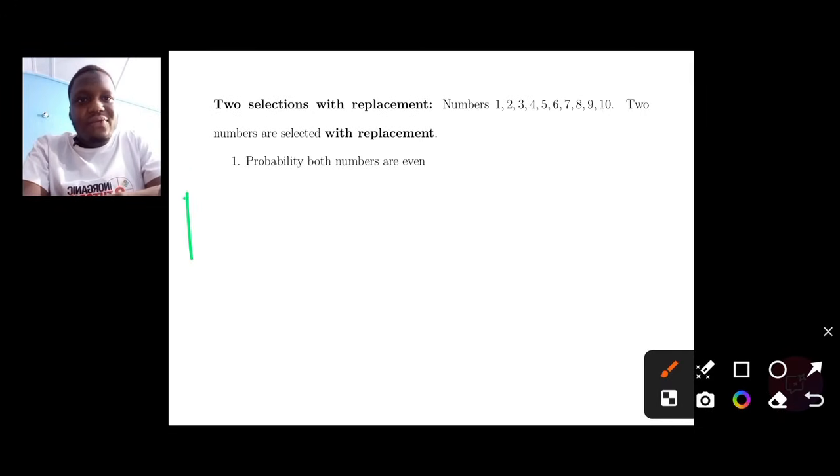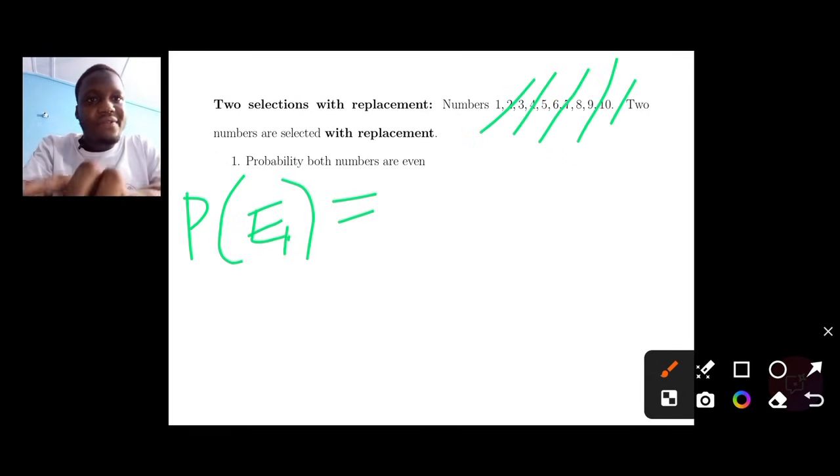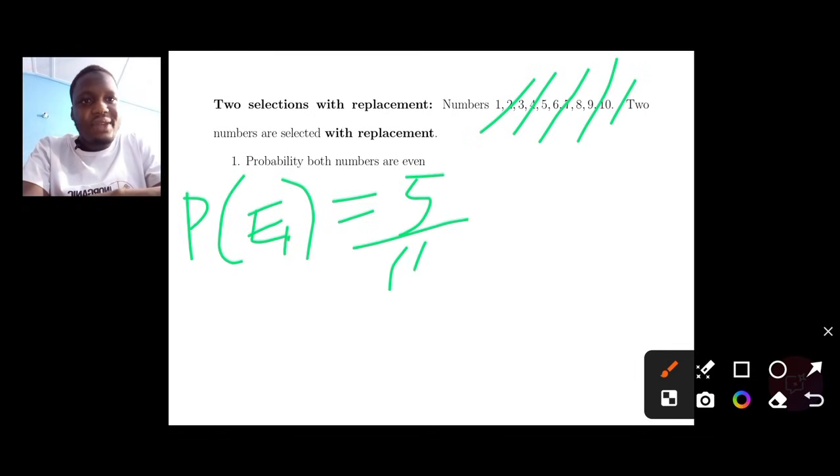the recommended way to do it, is to first find the probability that the first selection is even. The even numbers are 2, 4, 6, 8, 10, 5 of them. So the probability of getting the first one to be even is 5/10.